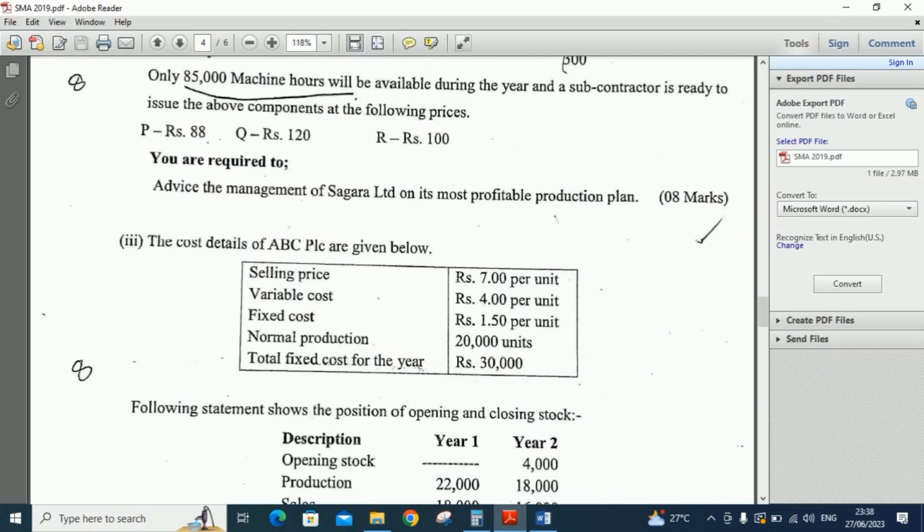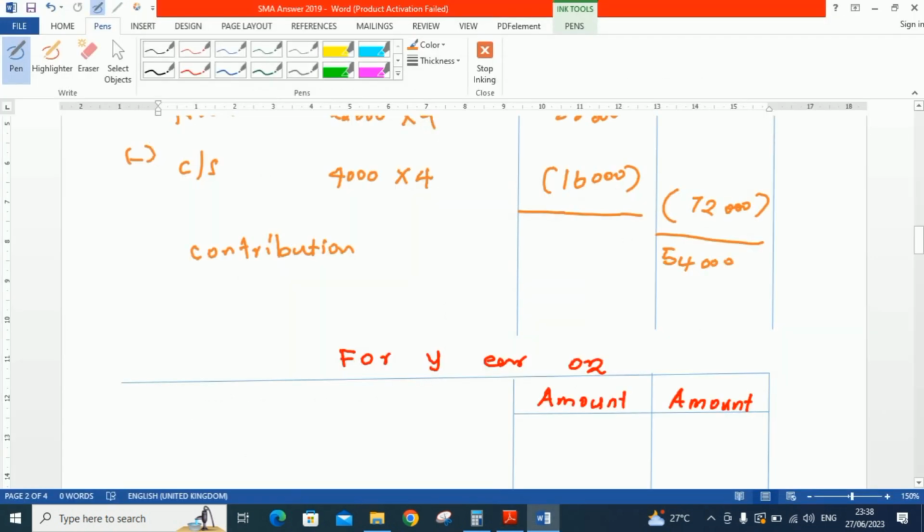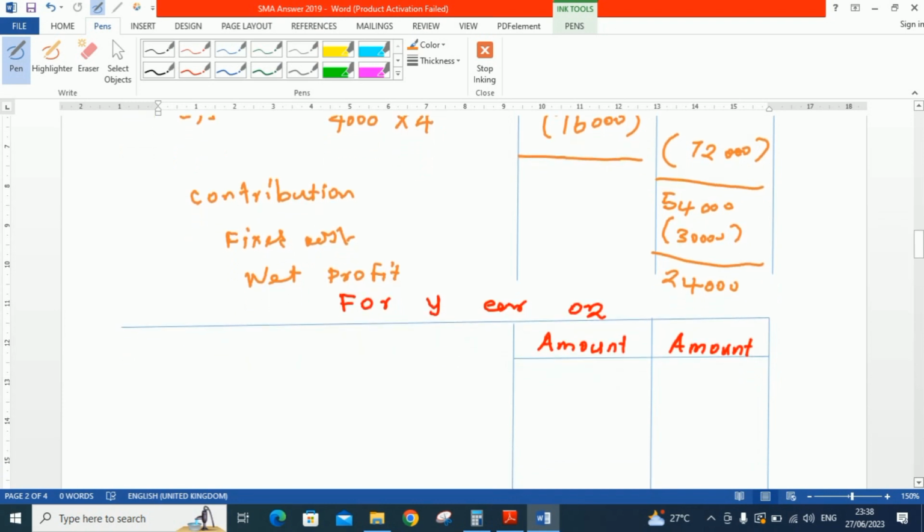Total fixed cost 30,000. So 24,000 is the net profit. Then we can calculate for year 2.